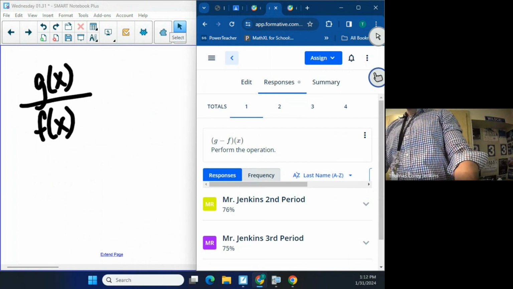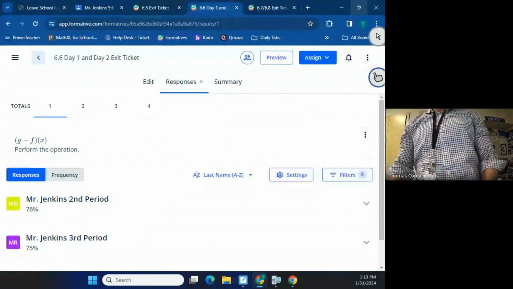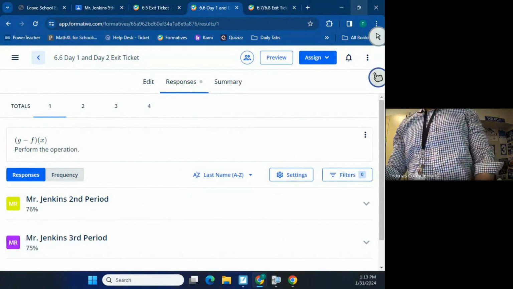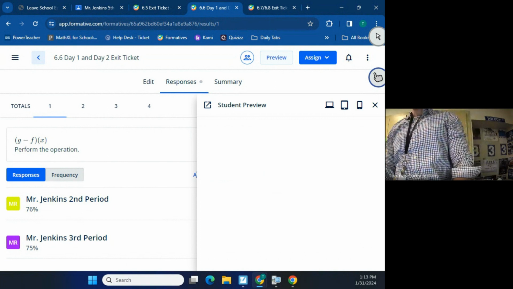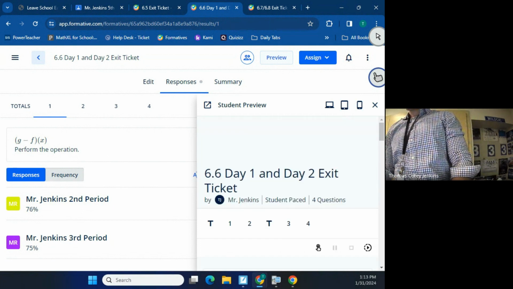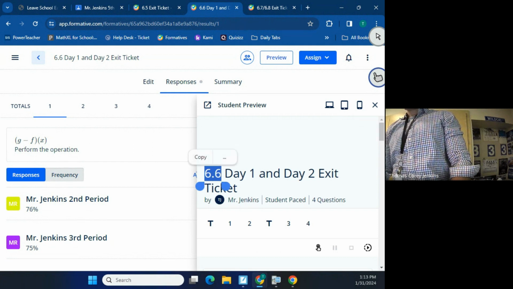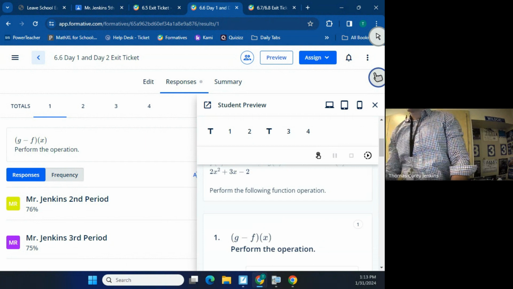Let me make this screen a little bigger. Maybe you got it wrong because there's no rule for g of x or f of x. Okay, there they are right there.